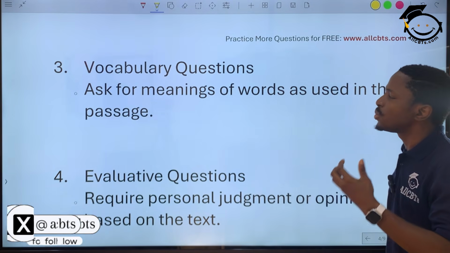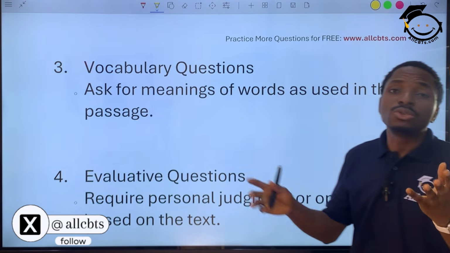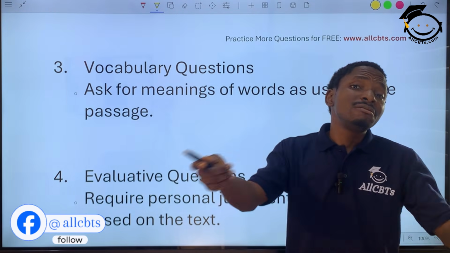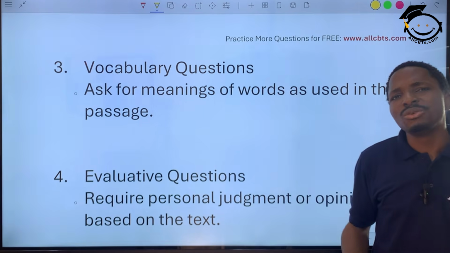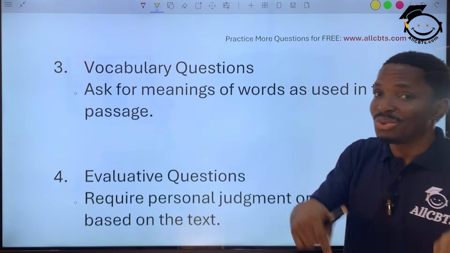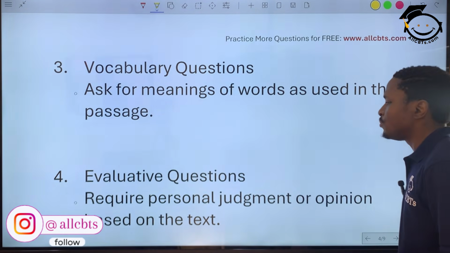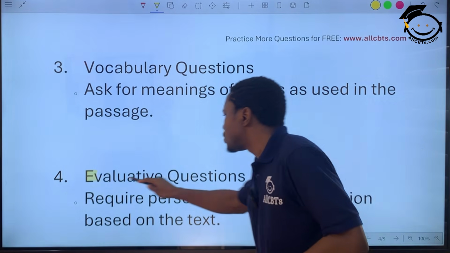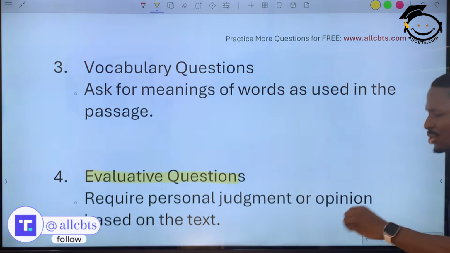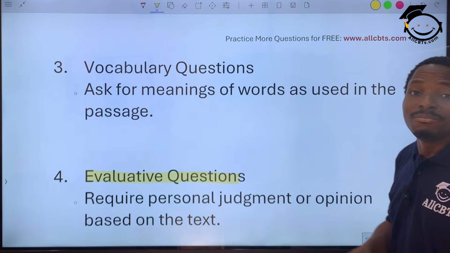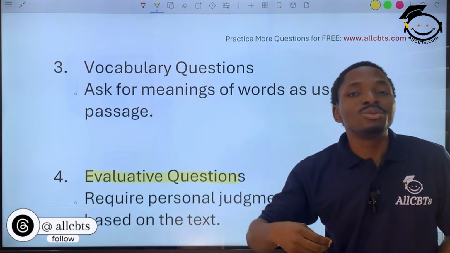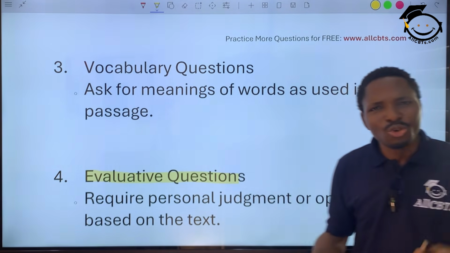Then you have vocabulary questions. These kinds of questions will ask for the meaning of words as used in the passage, or opposites of those words, or even related words like synonyms to the word as in the passage. And then you have evaluative kinds of questions. These require your personal judgment or your opinion based on the text. The examiner or the tutor will be asking you to give your opinion.